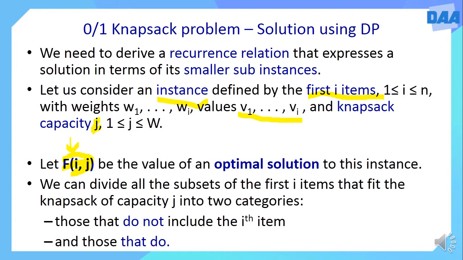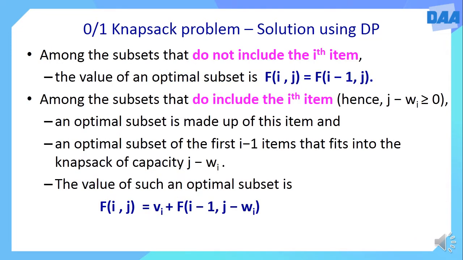One decision is including the ith item in the optimal solution. The second is not including the ith item. Let us discuss these two cases in detail.